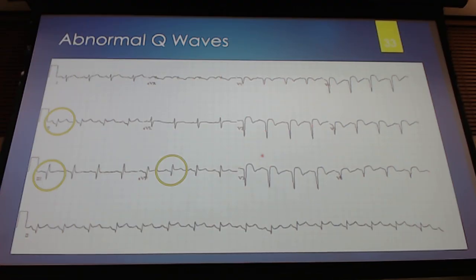And we can see that not only by the Q waves, but by these changes here in V2, V3, V4, V5, V6. I mean, this person, inferior, we've got septal, we've got anterior, we've got a little bit of lateral changes. They're having a significant MI.